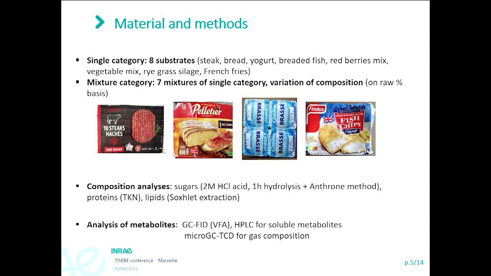Then, we analyzed another category, the mixture category, which was composed of 7 mixtures of the 8 individual substrates, with different compositions. For these 15 substrates, we analyzed the composition: the sugar contents, the soluble extractable sugar contents, proteins, and lipids. Regarding fermentation, we measured the soluble metabolite production, the final concentration of these metabolites, and gas composition over time.